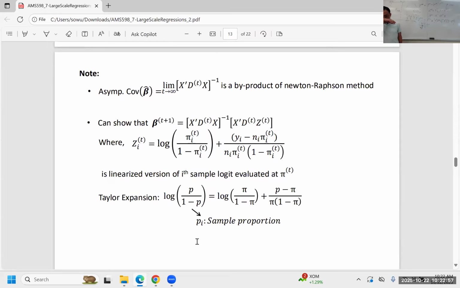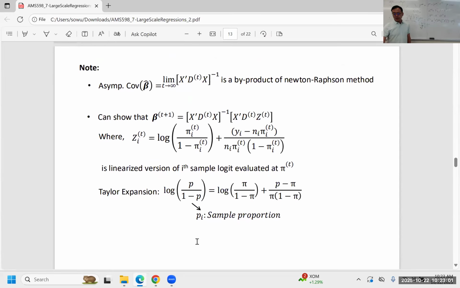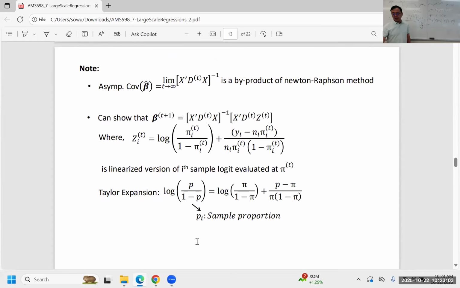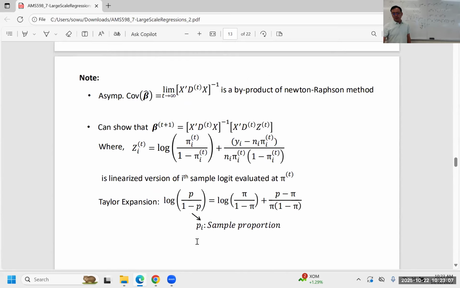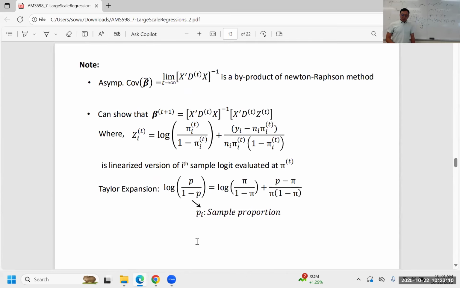Before I go to that, there's a small note I want to mention before we go to the gradient method. The covariance matrix of the beta hat is actually equal to x transpose Dt x inverse.